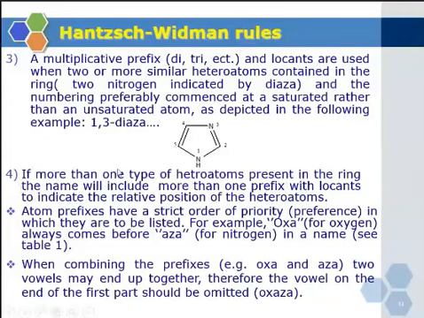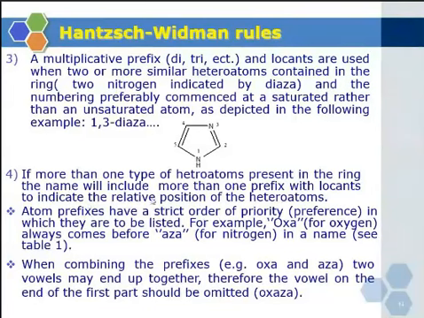Here we saw two heteroatoms of the same type addressed. Now, if more than one type of heteroatom is present in the ring, then the name will include more than one prefix with their location in order to indicate the relative position of the heteroatoms.